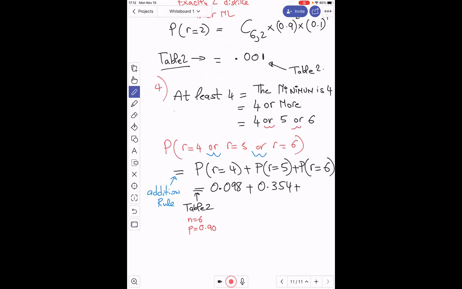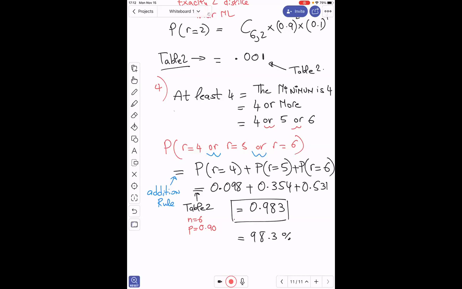And when R is 6, as we discussed in the first question, that's 0.531. So the answer is 0.983, or 98.3%. What we are saying here is that there is a 98.3% chance that at least 4 of them dislike their mother-in-law.